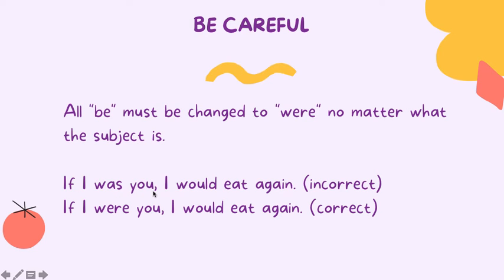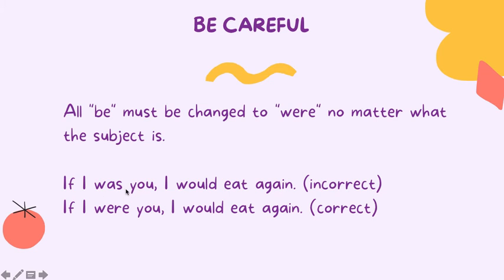So let me give you an example. If I was you, I would eat again. And this is incorrect. Why incorrect? So you are trying to convert am, the be if is am, right? Actually, if I am you, but this is a conditional sentence type 2 and it is using past verb.